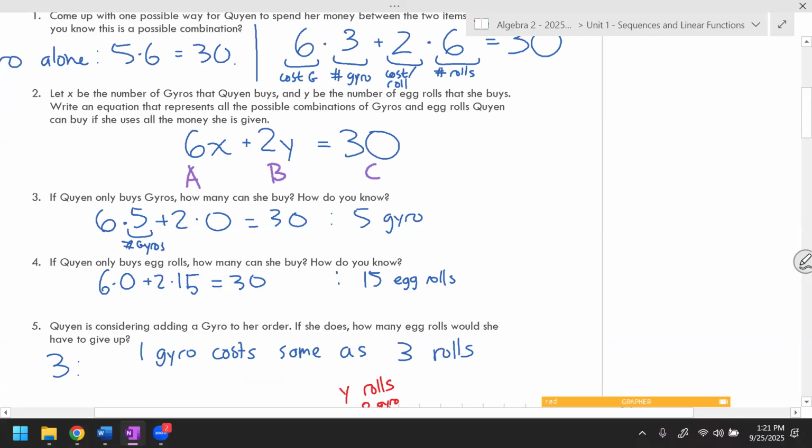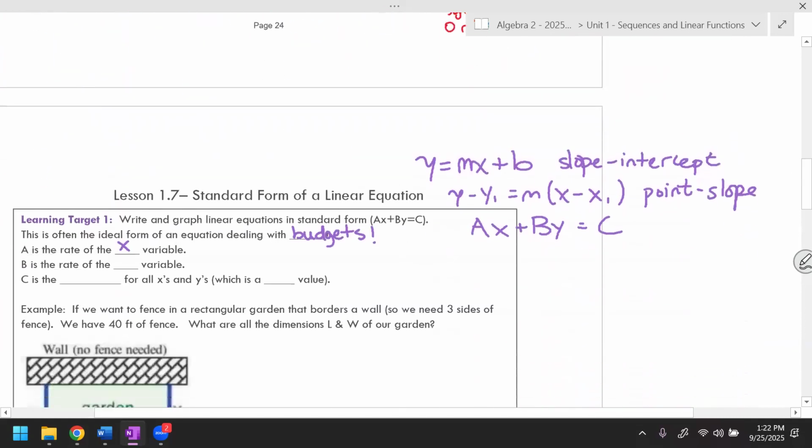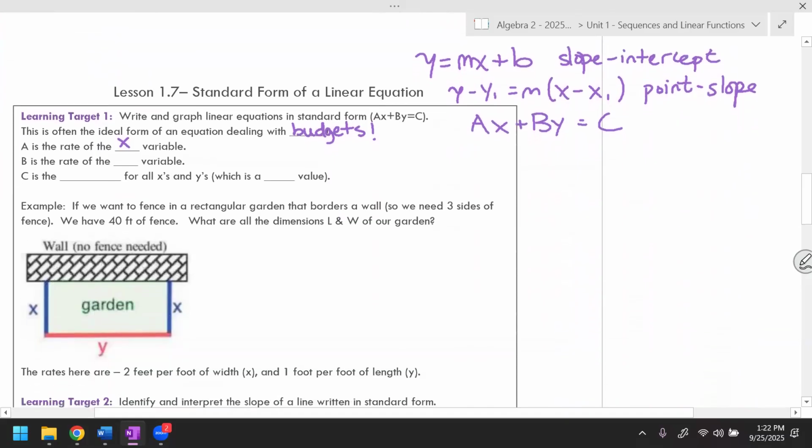Instead of cost, we'll just call that rate, because if we're working with a different variable, we want a word that isn't money based. So B is the rate of the Y, and C is sort of like our budget. We have to stick to that budget. I'm going to introduce a new vocabulary word. I'll call it a constraint.